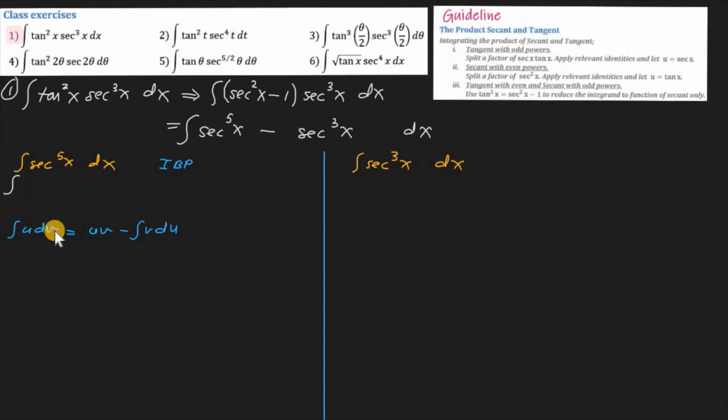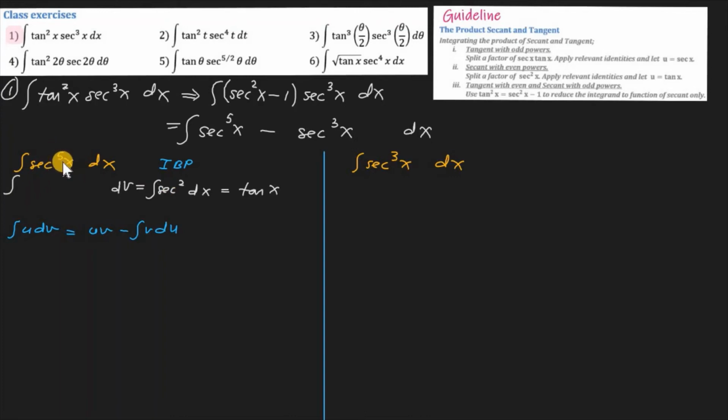So we know that the integral of secant square is given in our formula list. Secant square integrates simply to tangent, so that will be our dv. If our dv is secant square, what will be the u?